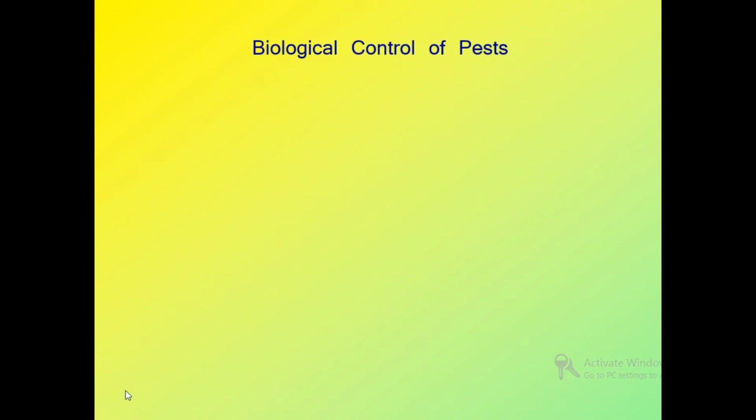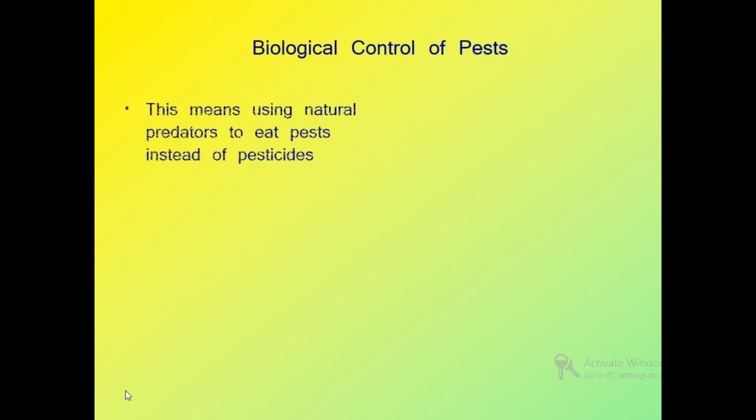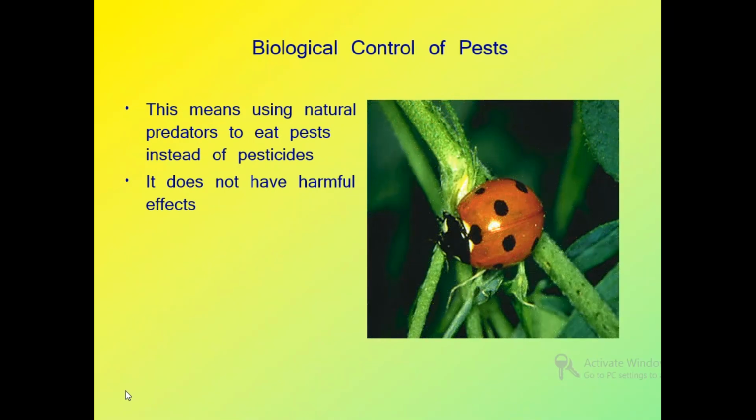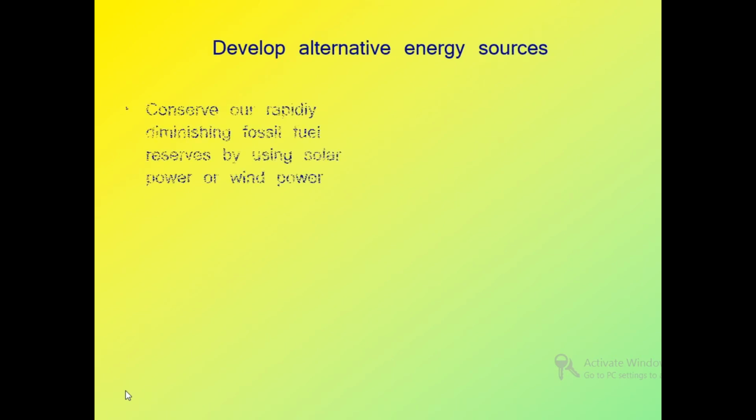Biological control of pests. This means using natural predators to eat pests instead of pesticides. It does not have harmful effects. Develop alternative energy sources.